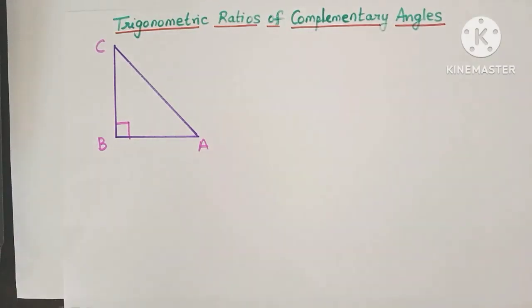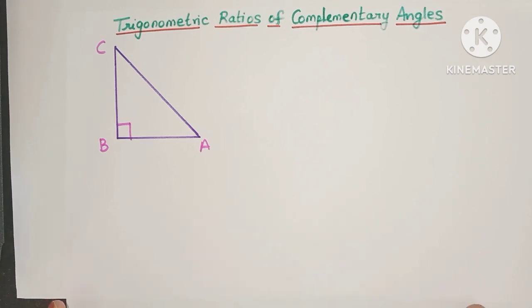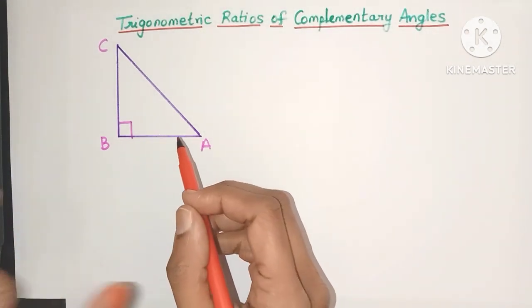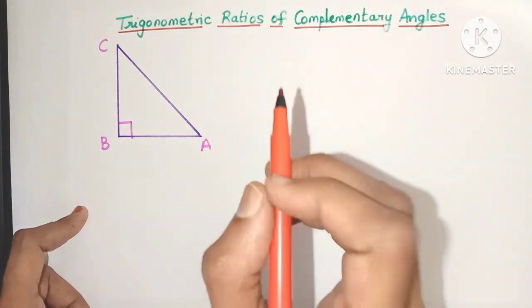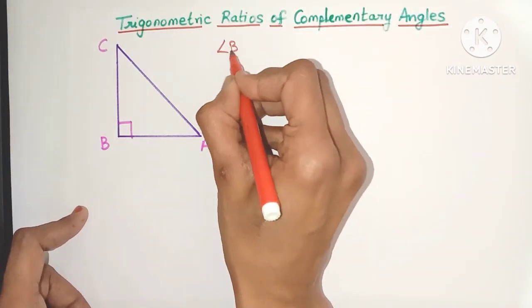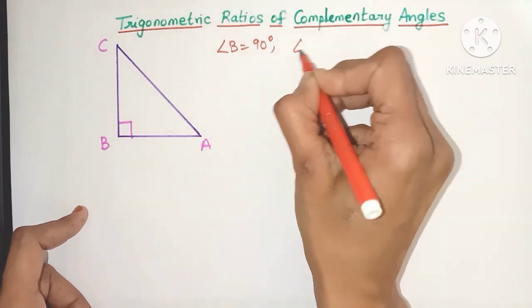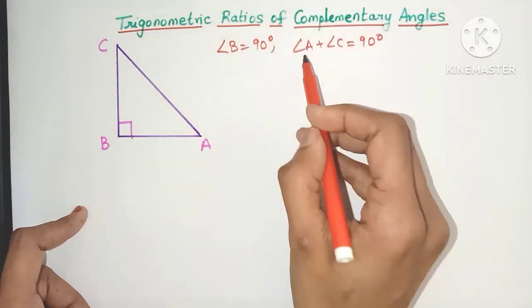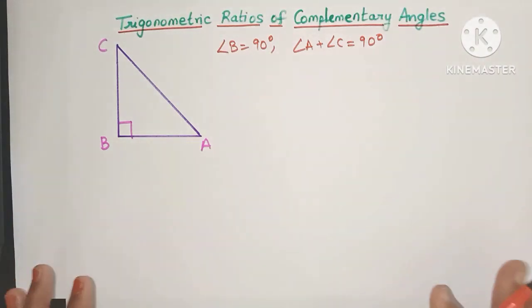Now friends, the next topic is trigonometric ratios of complementary angles. If you remember, initially when we were studying the basics of right angle triangles, we had concluded that as angle B is 90 degrees, angle A plus angle C is 90 degrees. Then we said that angle A and angle C are acute angles.